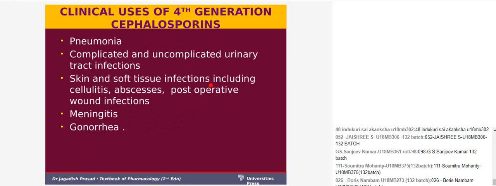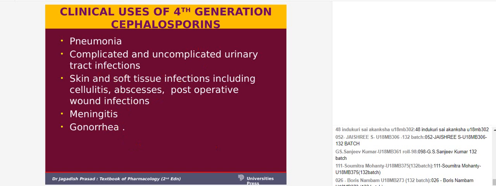You see the fourth generation cephalosporins, we can use them mainly in lower respiratory infections like pneumonia, then complicated and uncomplicated urinary tract infections, skin and soft tissue infections, including cellulitis, abscess, post-operative wound infections, meningitis, and gonorrhea.